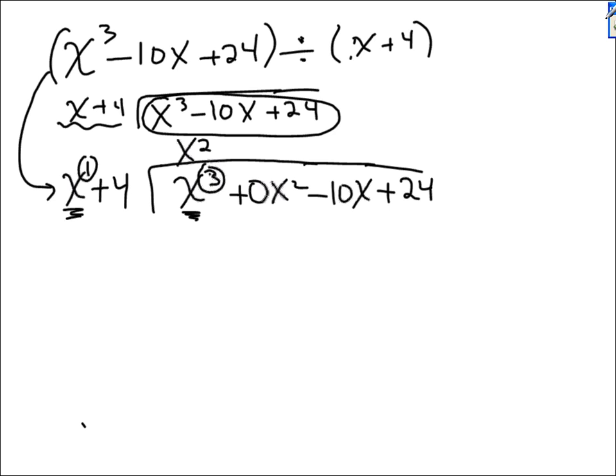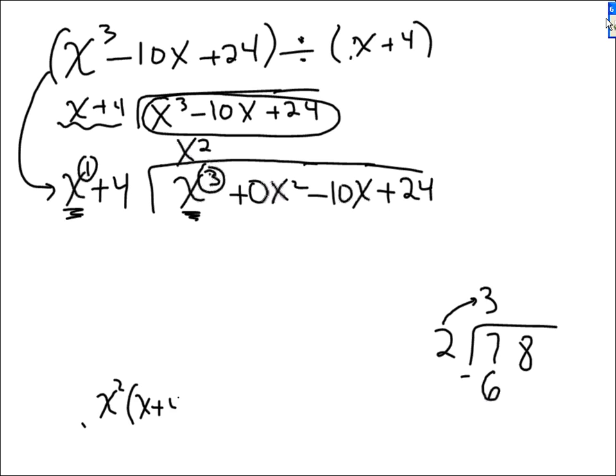Now, just like in ordinary long division, if you had this problem, 3 would go here. You would say 2 times 3, and you would put that answer here, and then you would subtract. So I'm going to take what's on top of the bar, x squared, and multiply it by what's in front. And I get x cubed plus 4x squared.